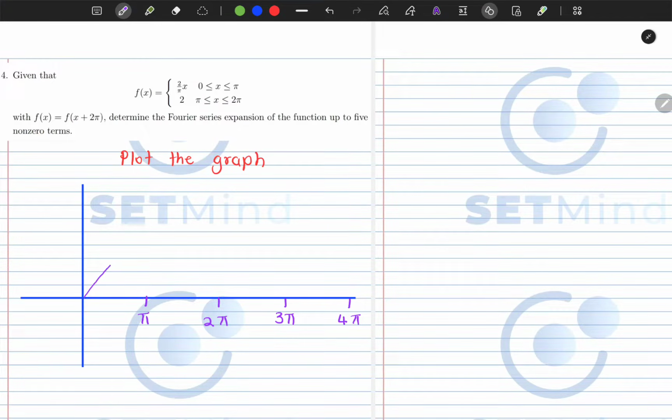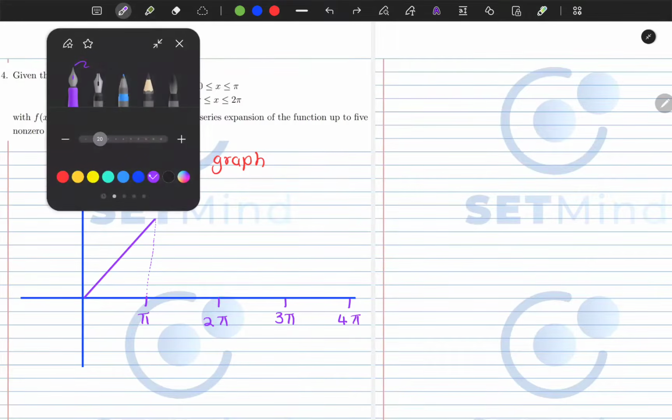So what you should notice is that our graph will actually go up. There's a ramp like that, up until it corresponds to that pi there. So let's just go up like that. So when we get to pi, if you look at what our graph is, when you put in pi there, it becomes 2.